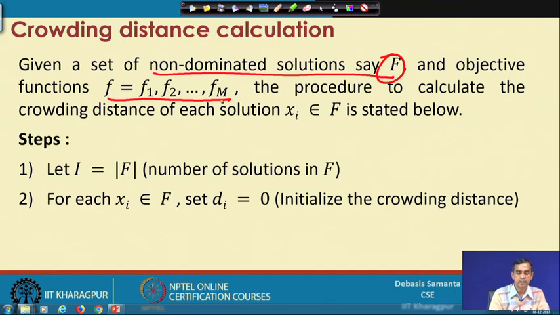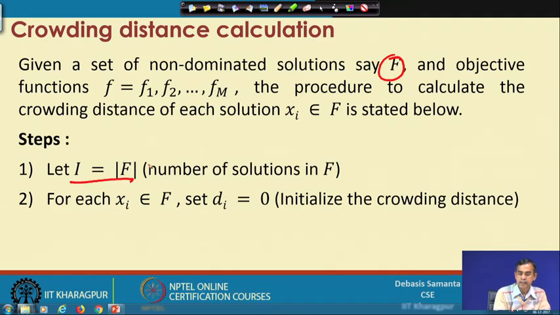So, for each solution we have this objective vector in terms of m objective functions, and let the size of f, that means the number of solutions which belong to the non dominated front, be I.